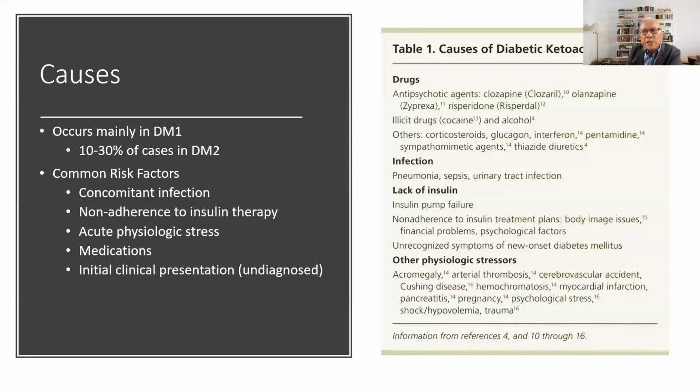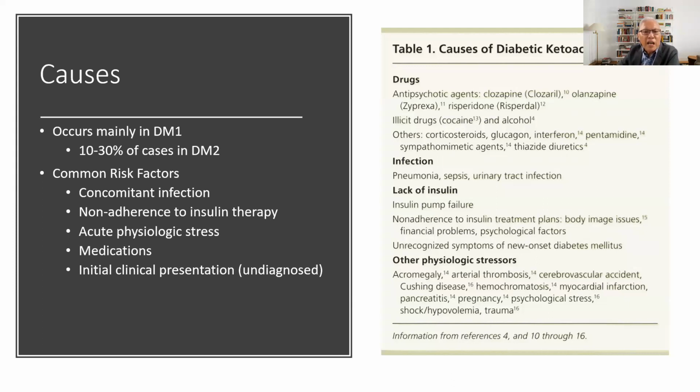So what are some of the common risk factors that can precipitate the development of extreme hyperglycemia that usually ends up in ketoacidosis? Well, the most common scenario for diabetic ketoacidosis is when the patient develops an infection.